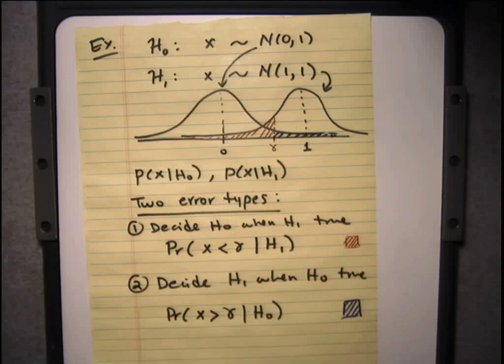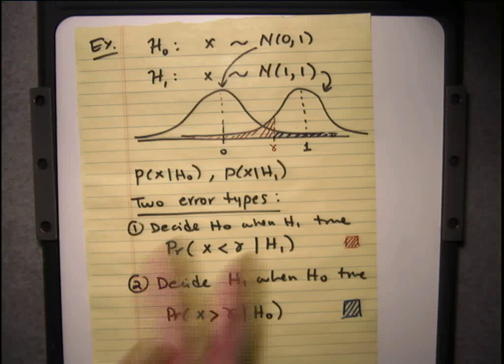Now, in general, when you don't have prior information about which one of these two hypotheses is more likely, you study the performance of this decision-making process as a function of all the values of gamma. You plot it as a function of gamma, and then you decide based on that what gamma suits your needs best.